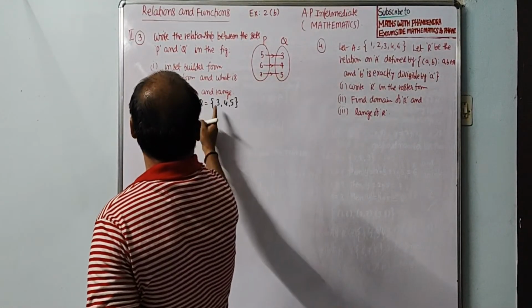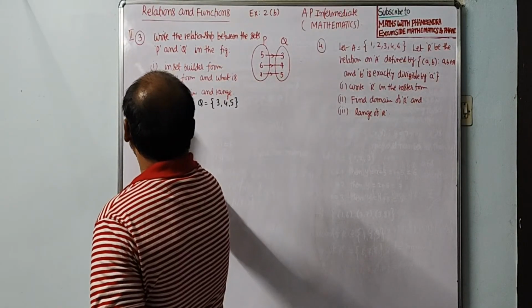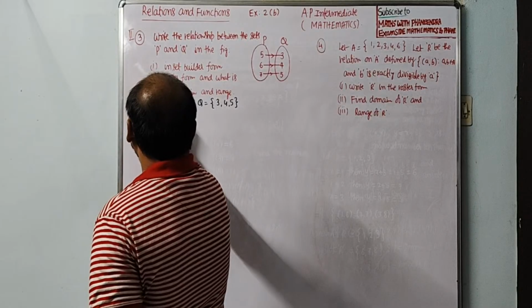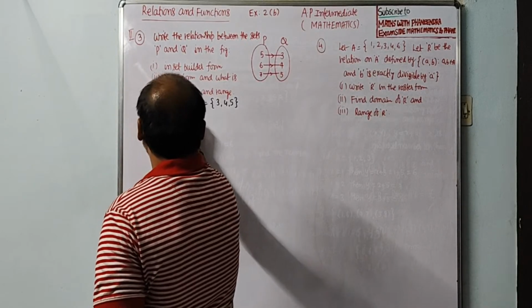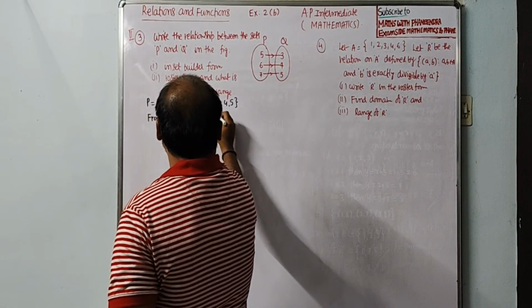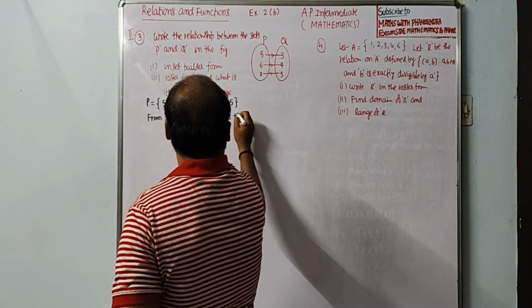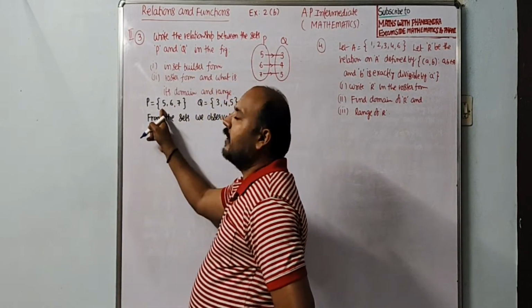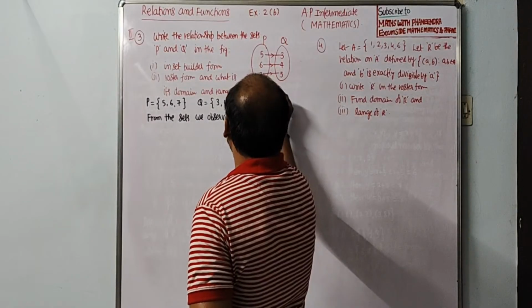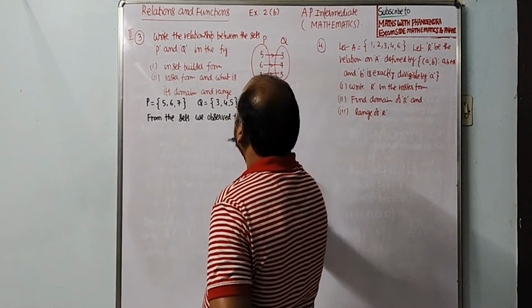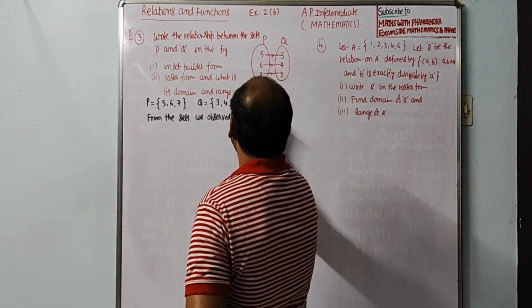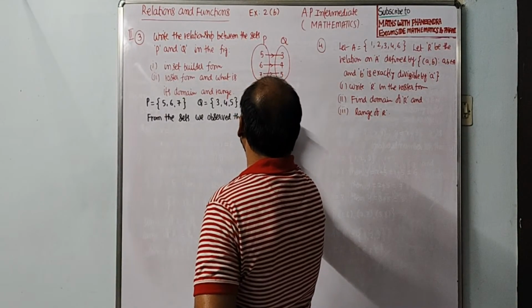So this is X, this is Y. From the sets, we observe that X belongs to P and Y belongs to Q. That difference of these two, X minus Y, is equal to 2.